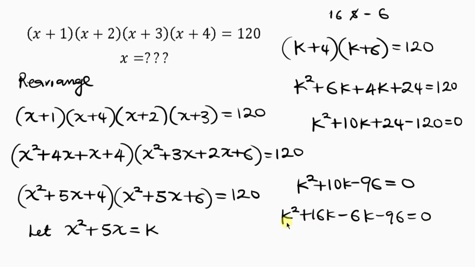Now, pairing these two together, you notice that k is common, so I'm going to factor out k, leaving behind k plus 16, minus. Now, what is common here? I'll have 6. 6 is common. And now I'll replicate what is in this bracket here, which is k plus 16, equal to 0.